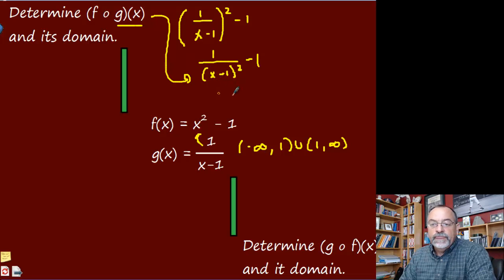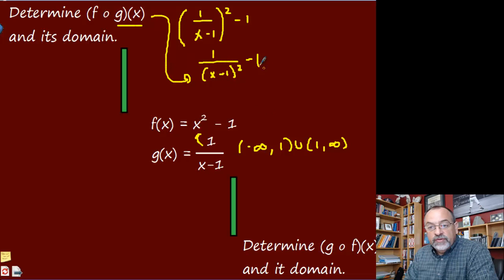Now we have to consider the g of x function and this new function. This new function does create a restriction, and the restriction is that x cannot be 1, because that would give us a denominator of 0. But is that any new restriction on the original g of x function? The original g of x function also restricted 1, so the new function does not create any new restrictions.